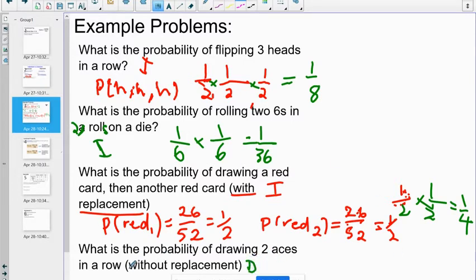Well, the probability of drawing a first ace, so P of A, is equivalent to, well, there's 52 cards. Again, each standard deck has 52, remember that. That'll come in handy. And there's 4 aces in a deck. So that, if you reduce it, is 1/13.